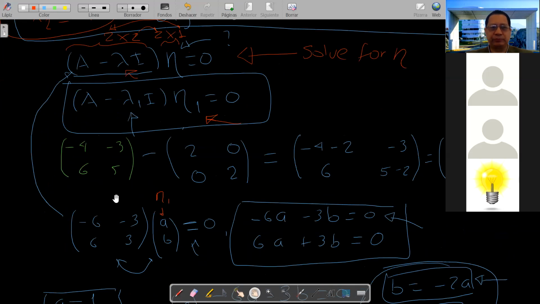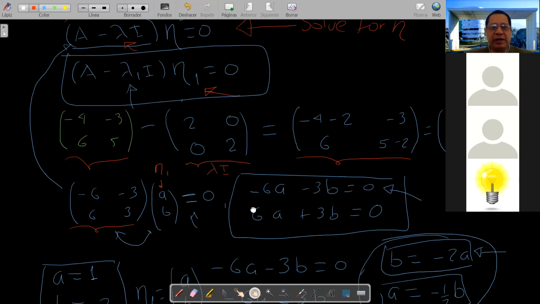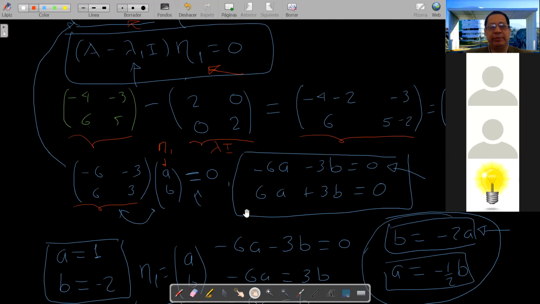We use our coefficient matrix, A minus lambda I, and we just do the subtraction, and here is A minus lambda I. So here we have the resulting matrix A minus lambda I times our eigenvector, which has two components.